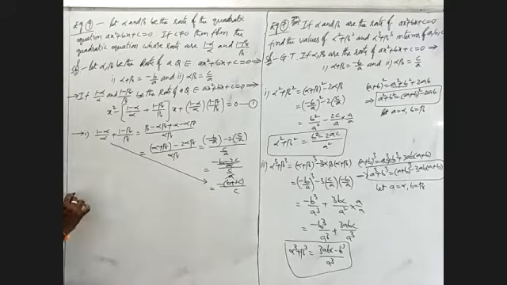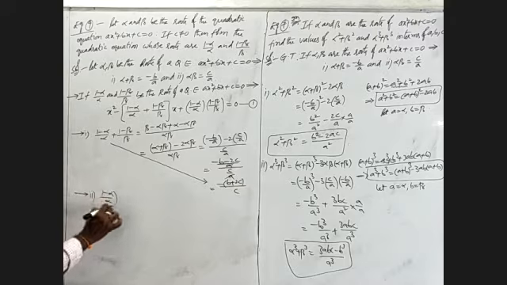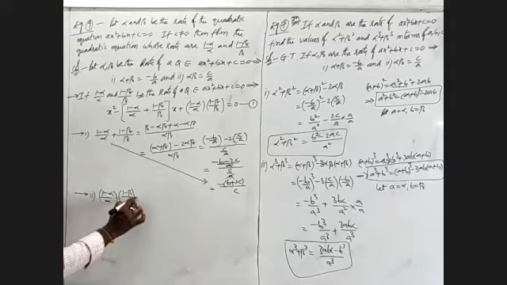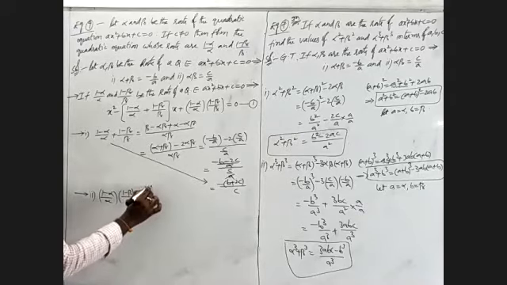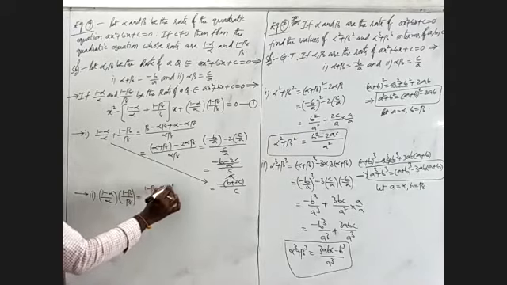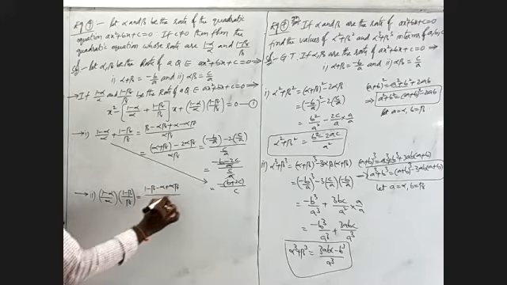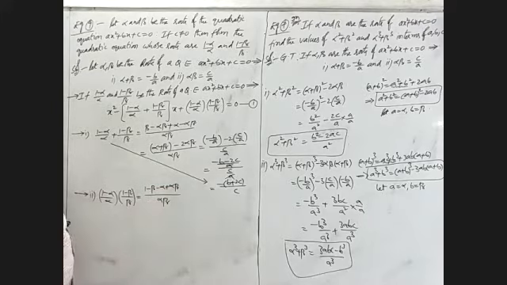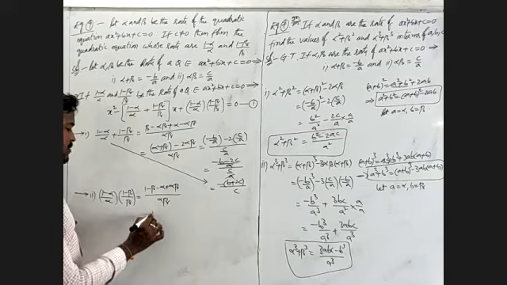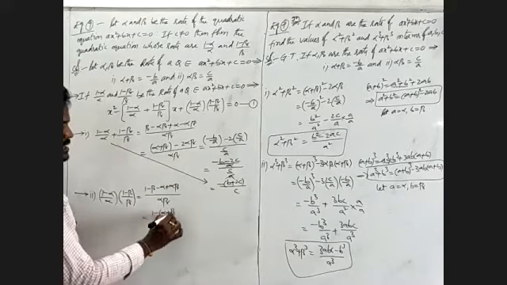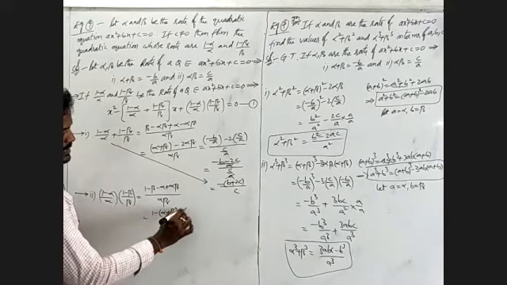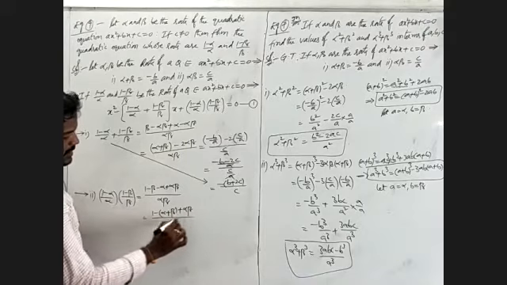After that we'll find their multiplication. That is 1 minus alpha by alpha into 1 minus beta by beta, which is 1 minus beta minus alpha plus alpha beta by the denominator alpha beta. That is 1 minus (alpha plus beta) plus alpha beta by alpha beta.